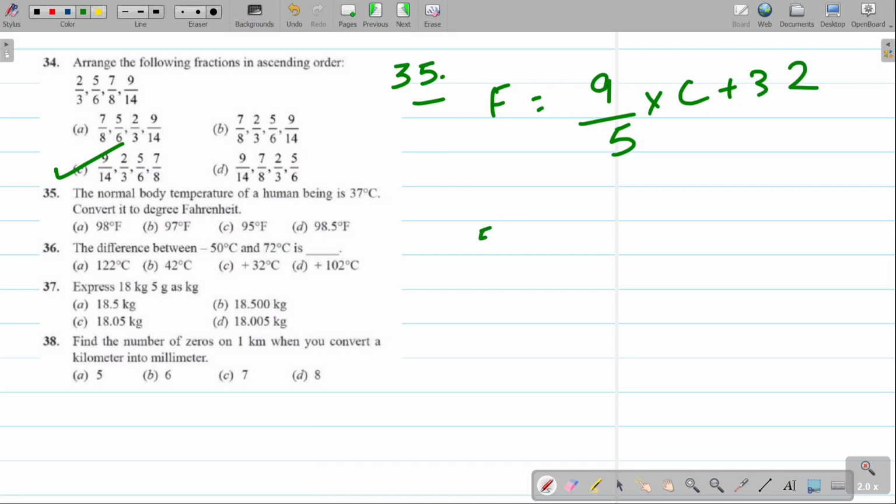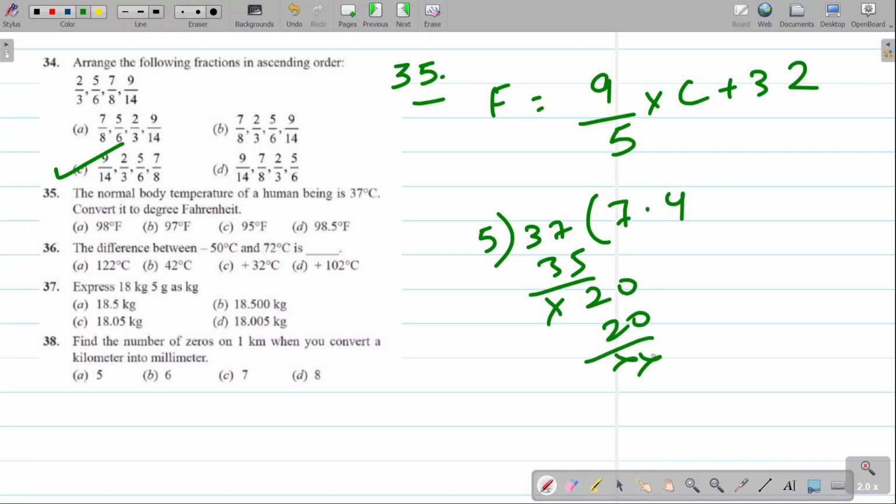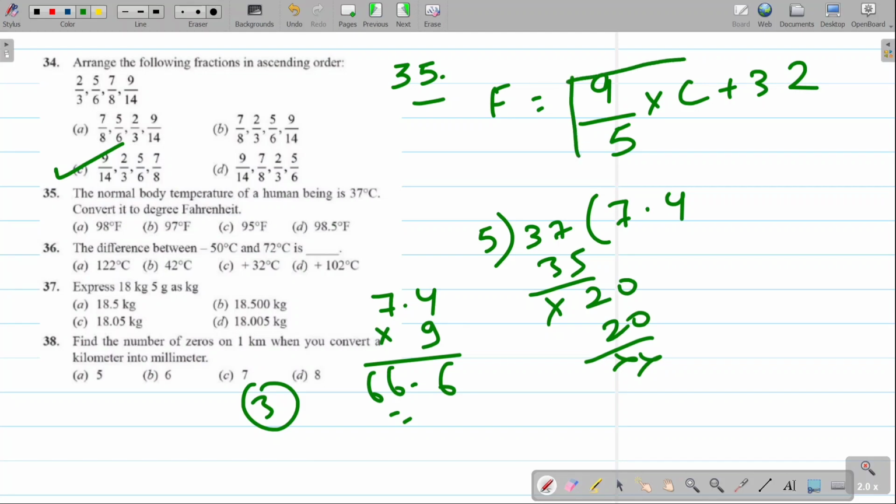So we'll divide 5 and 37. 7 5s are 35 and 5 4s are 20. Now 7 by 4 into 9 is what? 9 4s are 36. We have 3 in hand. 9 7s are 63 and 3 is 66. So after solving this whole thing, we have got what? 66.6.